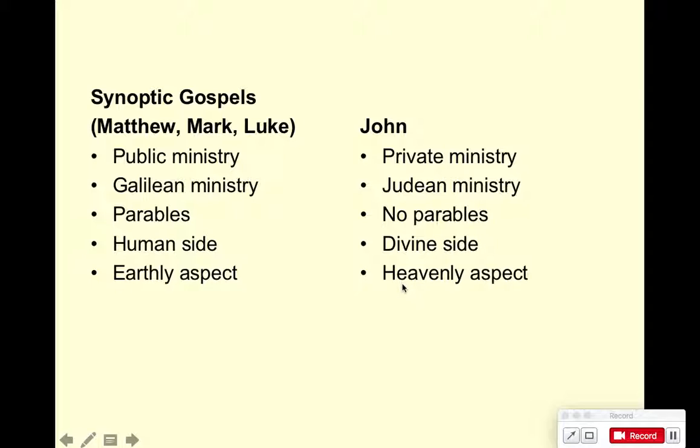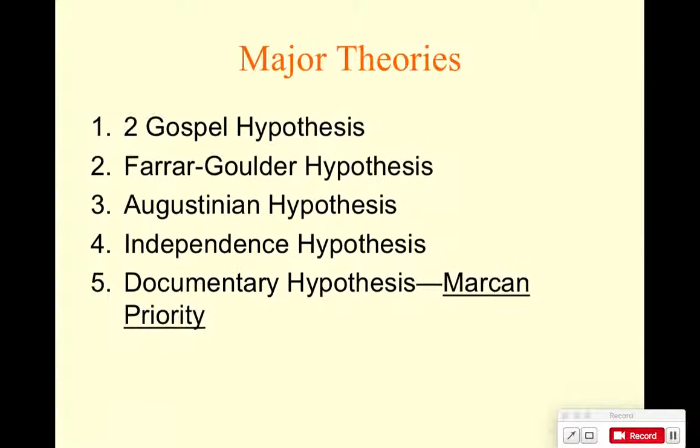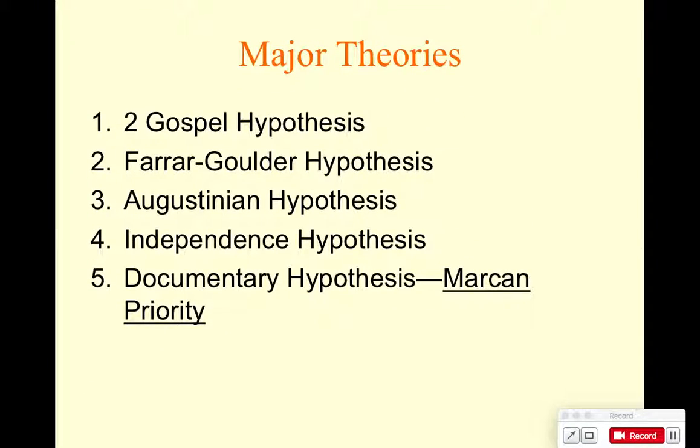What we're going to do today in this video is talk about some major theories behind the Synoptic Gospels, different views on who is first, who is last, did anybody use any of the other ones? We're going to talk about five major theories, and we're going to go kind of quickly.